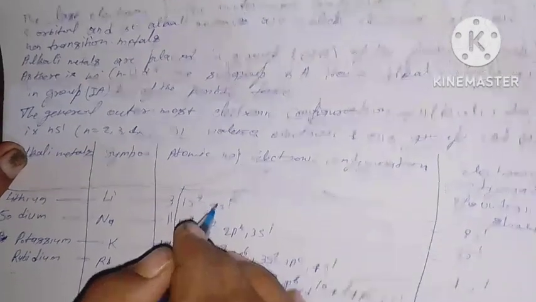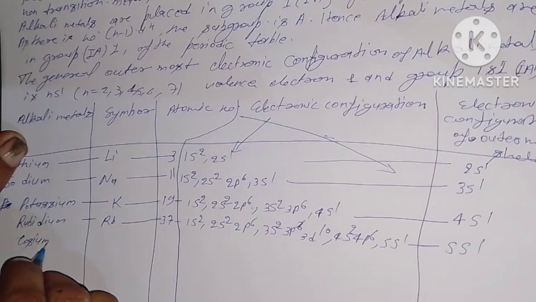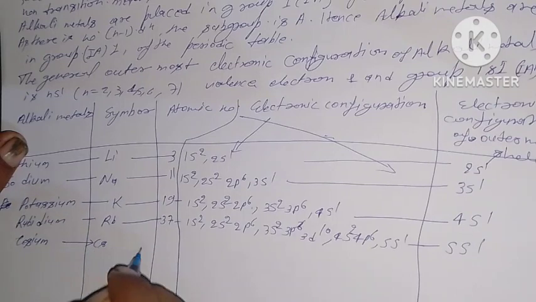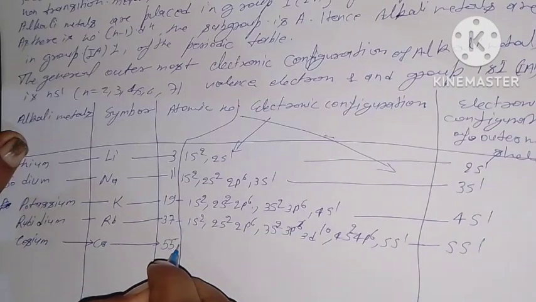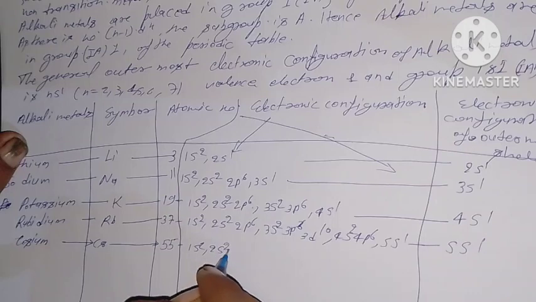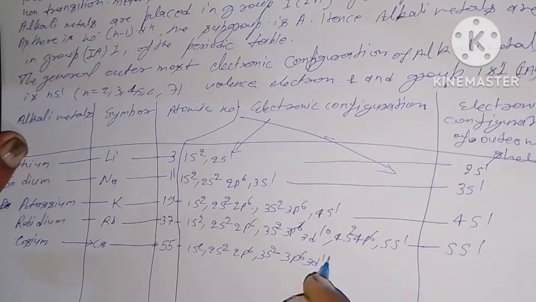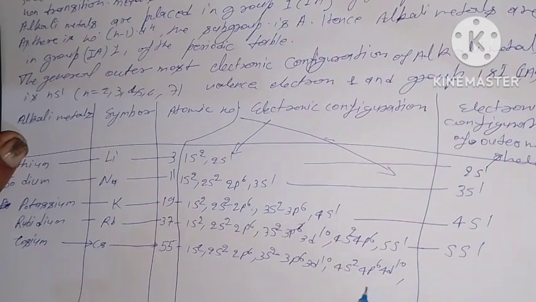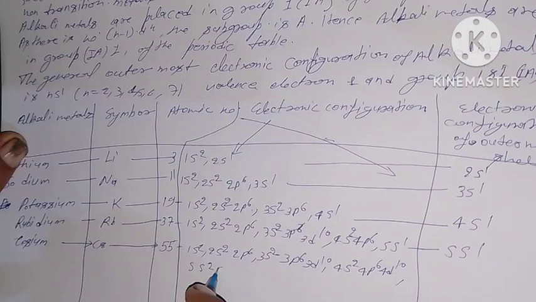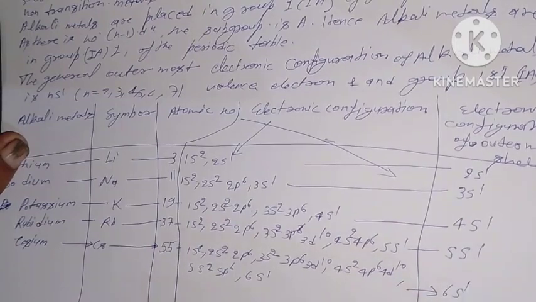Next is cesium, symbol Cs, atomic number 55, electronic configuration 1s2 2s2 2p6 3s2 3p6 3d10 4s2 4p6 4d10 5s2 5p6 6s1, outermost 6s1.